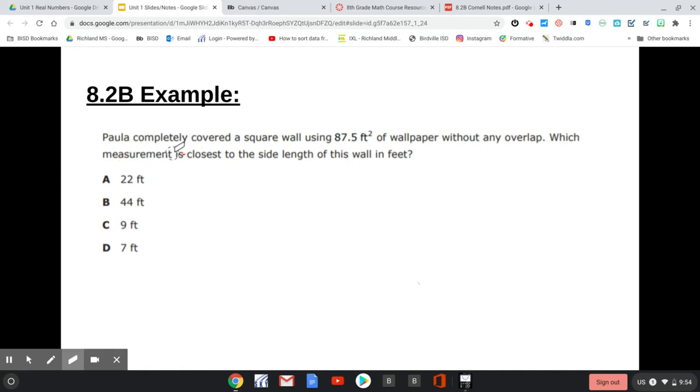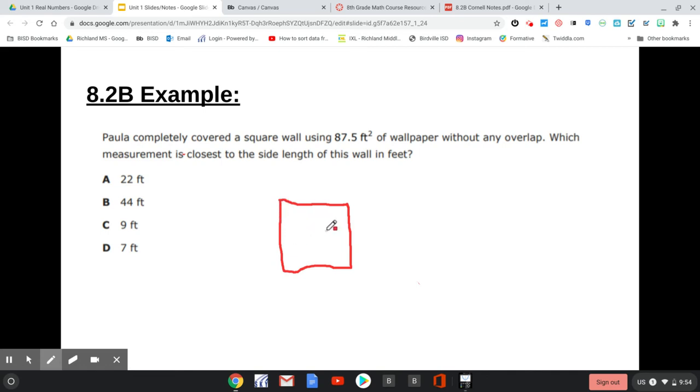So here's an example. Paula completely covered a square wall using 87.5 feet squared of wallpaper without any overlap. Which measurement is closest to the side of this wall in feet? Well, we know that if you have a square, all the sides are the exact same size.